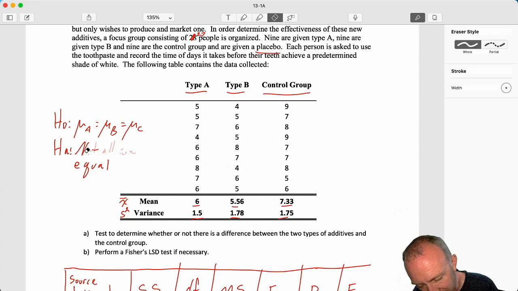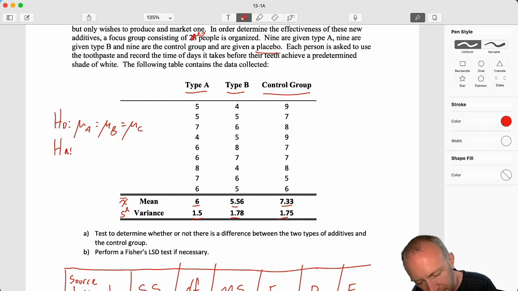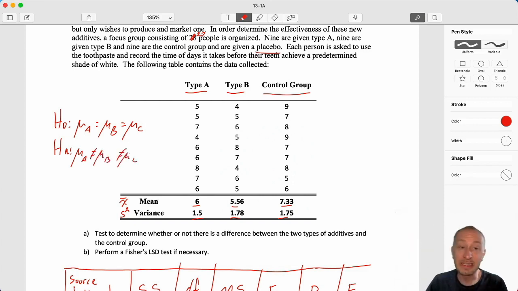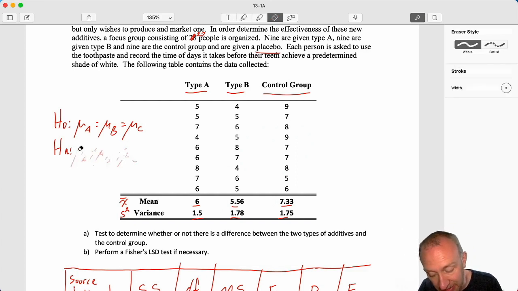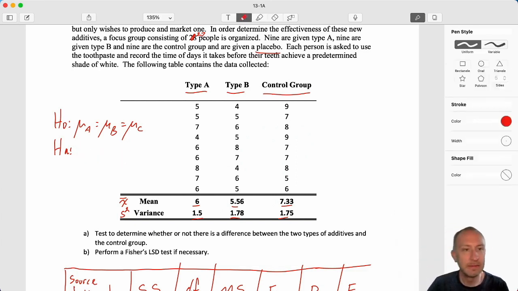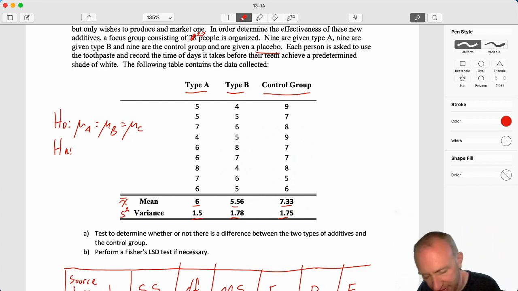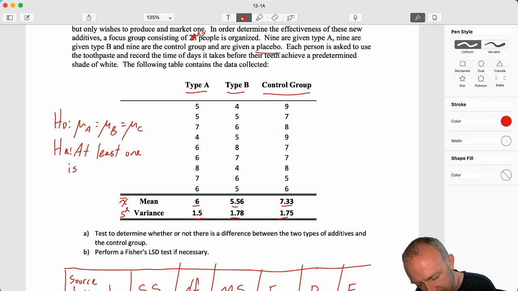I see students make this mistake all the time to write this like this: not equal, not equal. Because that would be consistent with how you've seen other tests for equality, right? It's either equal or it's not equal. But that's not what we're testing for. That might be the case. But this initial test is only to determine that not all of them are equal, or at least one is different.